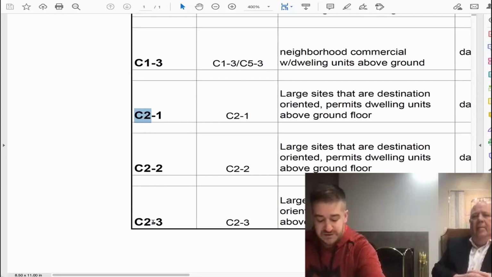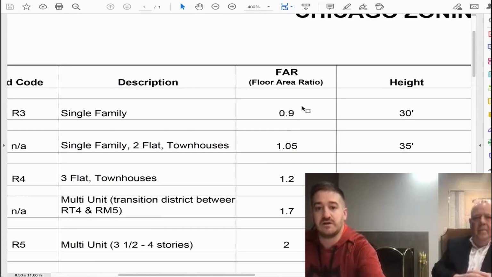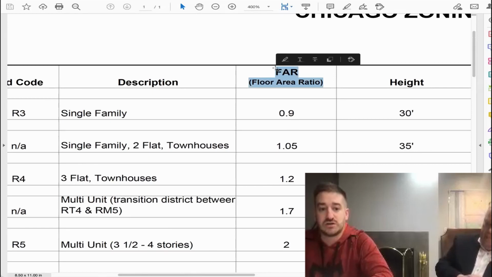And then we can go back to item number A, the floor area ratio. Your floor area ratio dictates how large of a building you are allowed to build. So your floor area ratio is how large your building can be.